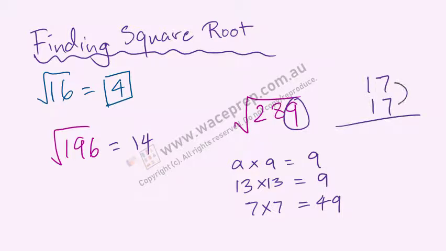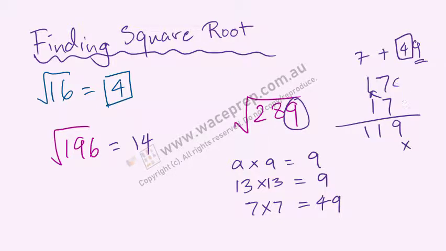So 7 times 7 gives us 49, and we place that 9 right there. We still have a 4 in our hand. 7 times 1 is 7, plus 4 is 11.